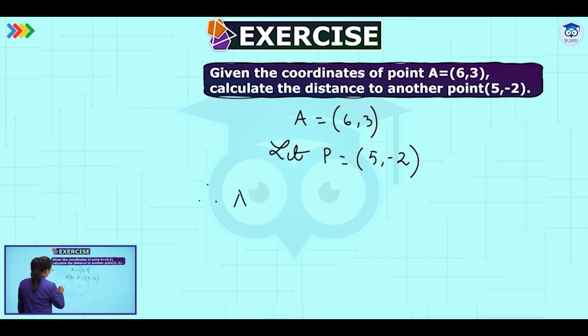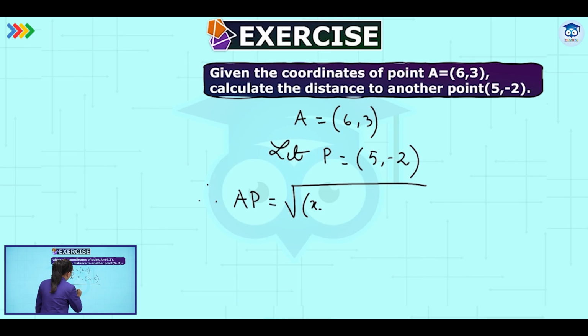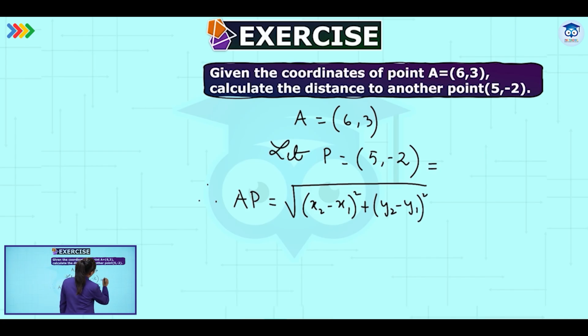Therefore, AP is equal to the square root of x2 minus x1 the whole square plus y2 minus y1 the whole square, considering this as the point x2, y2 and this as x1, y1.